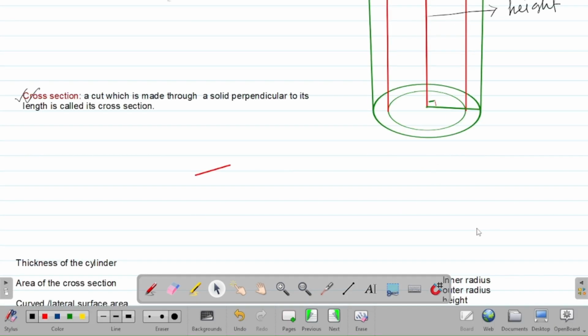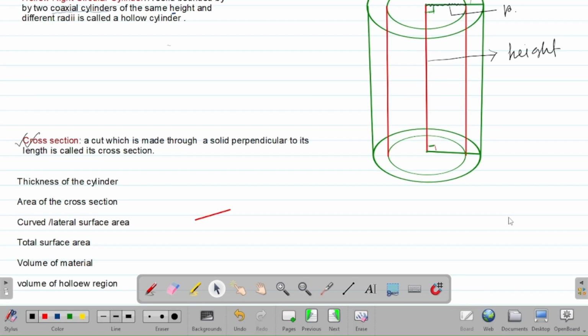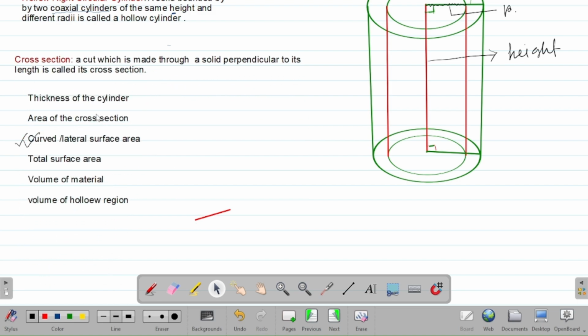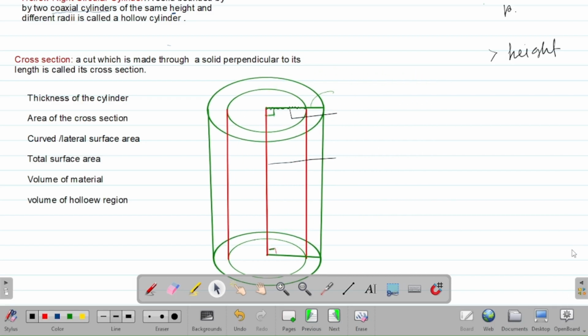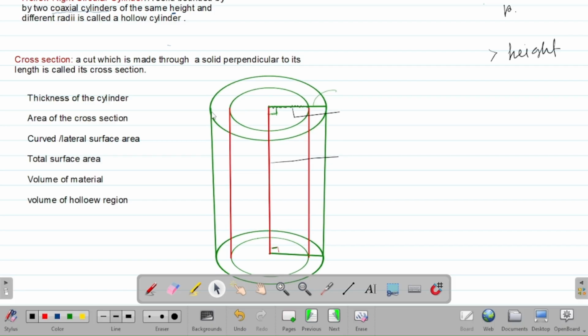Now let's talk about the thickness of the cylinder. The thickness of the cylinder will be this area, which is covered with the material the cylinder is made of.